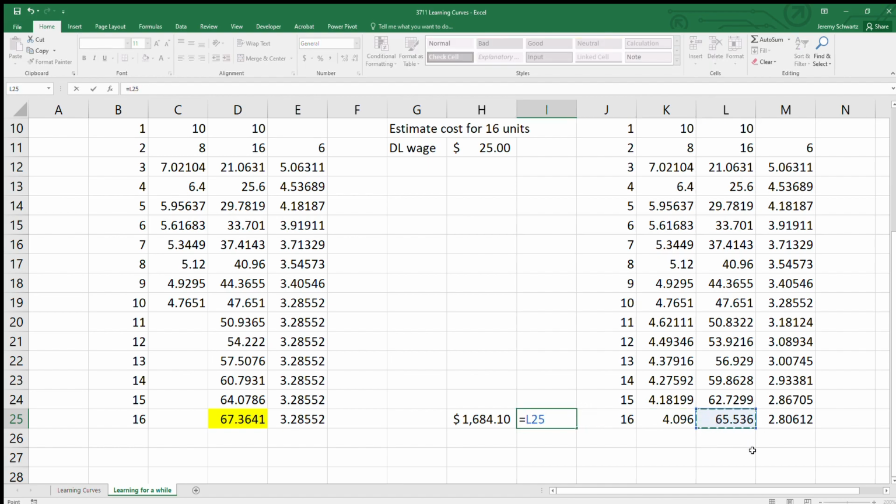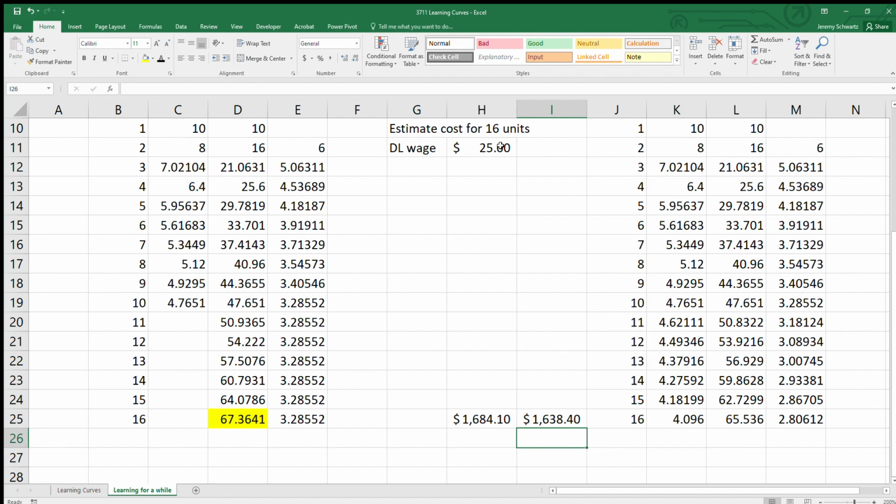So it would take 65 cumulative hours, 65.5. And we see that there would be a cost savings if learning continued to take place. And that cost savings would be just under $46.